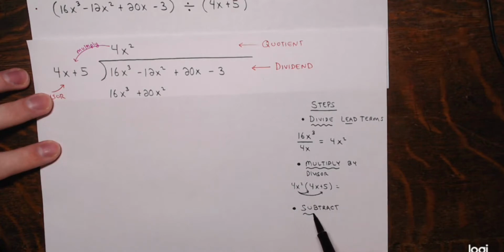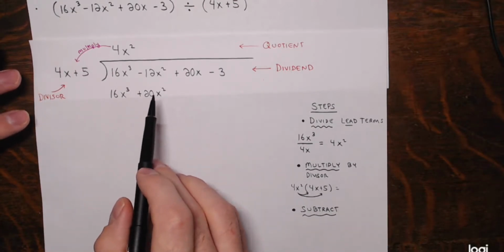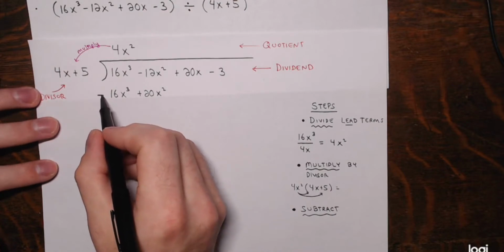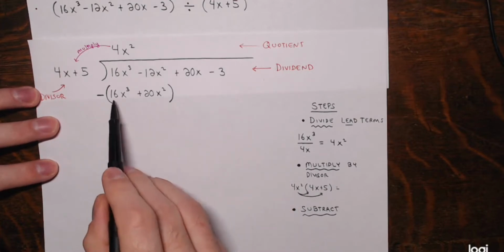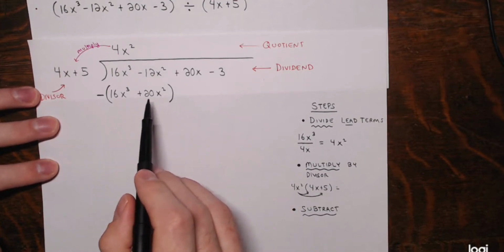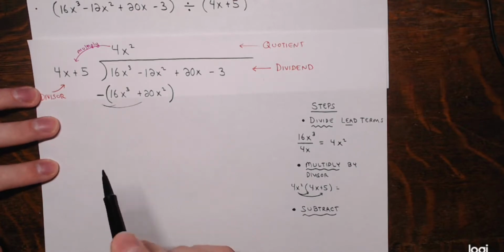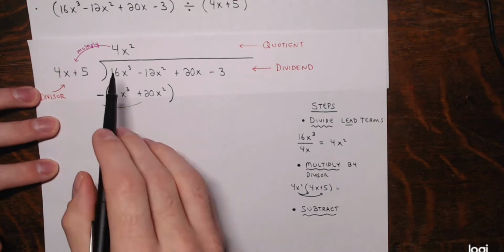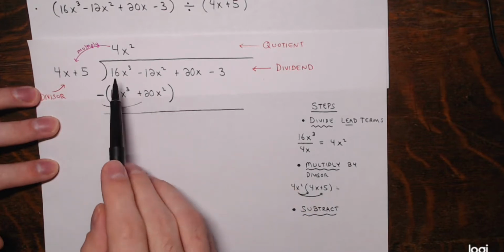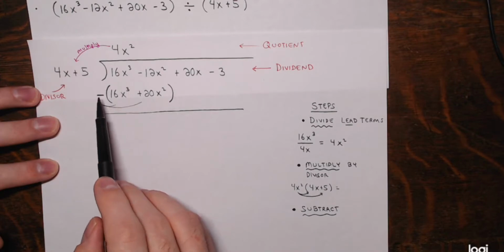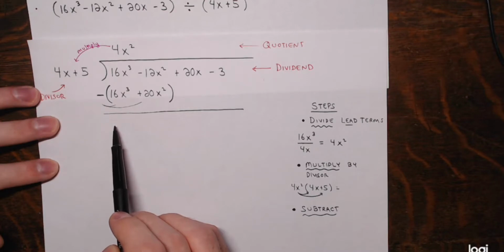Subtract. All right, now, don't just subtract the first term. You subtract this entire result. So notice I'm putting parentheses here. You're going to be distributing this minus sign. So just again combining like terms. You got 16x cubed minus 16x cubed. That's nothing. All right, so I'm not writing anything here.